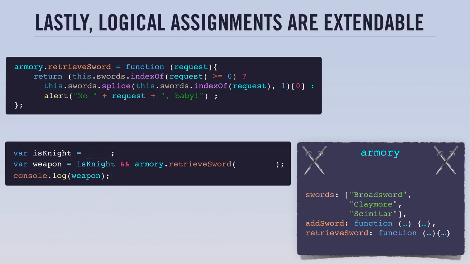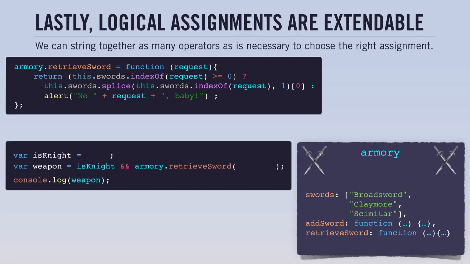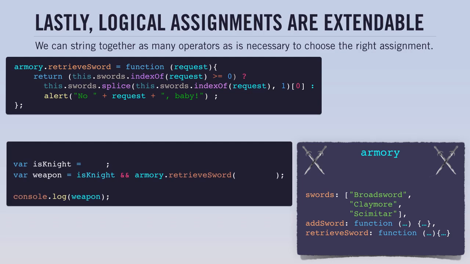An extra bit here, logical assignments are actually extendable. You can string together as many operators as is necessary to choose whatever right assignment you would like. So let's scoot our stuff down here, and you can see that we've got a new variable called armoryIsOpen, and we're going to set that equal to true. Inside of our AND logical assignment, we're going to add that armoryIsOpen variable as a new condition.